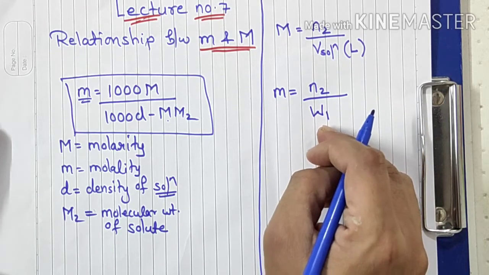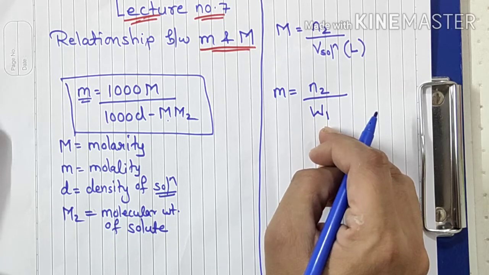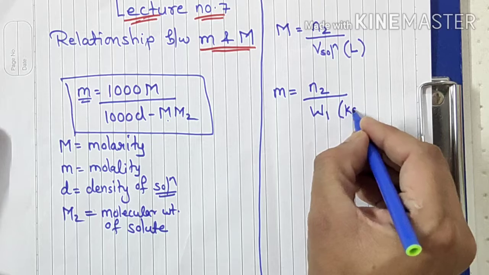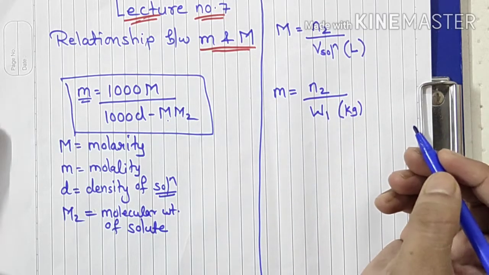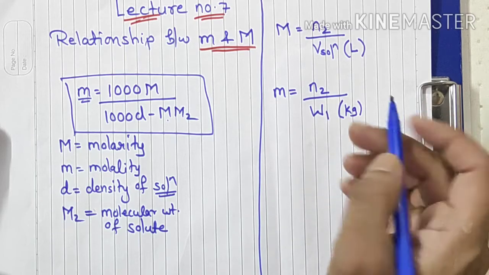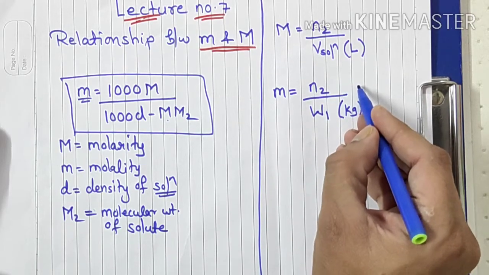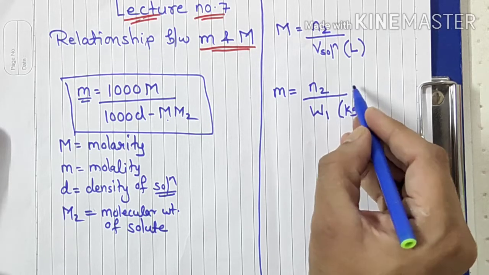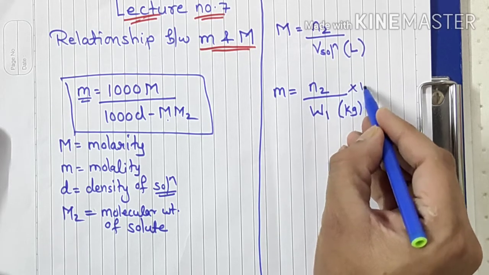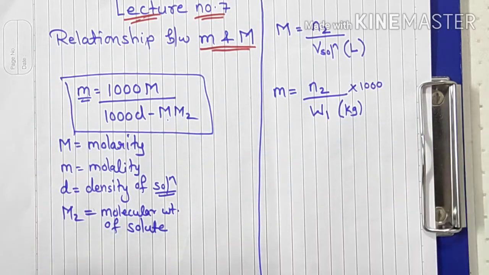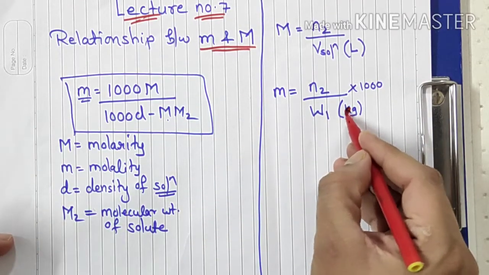Understand student, this W1 is the weight of solvent, and this is expressed in kg, right? But suppose I write this in gram, then here I have to multiply by 1000. Clear? If this is 1000, then obviously this has to be in grams.